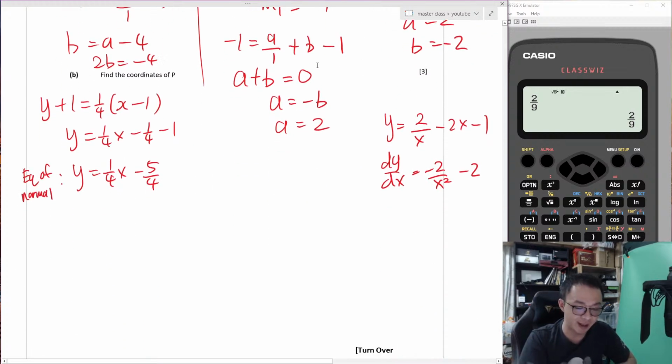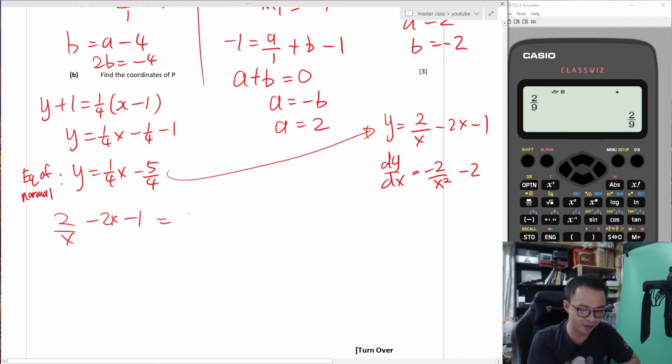Alright, so I'm going to sub this equation back to this equation of curve here and then solve it. 2 over x minus 2x minus 1 equals to 1 over 4x minus 5 over 4. Alright, not friendly, this equation. Let's solve it. Okay, so minus 2x minus 1 over 4x and then minus 1 plus 5 over 4 equals to 0.